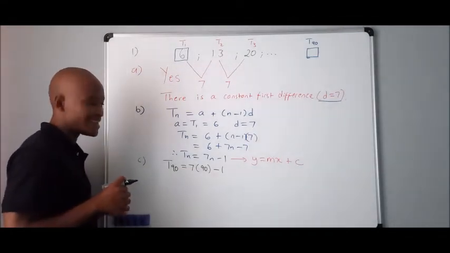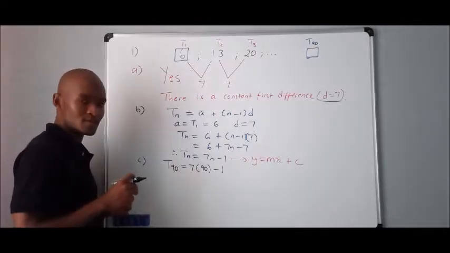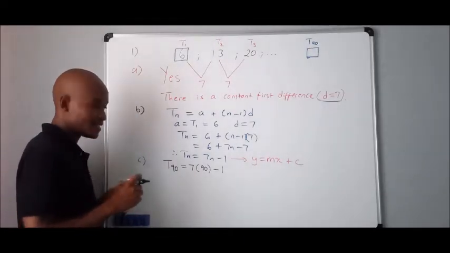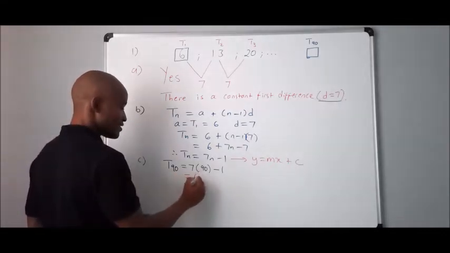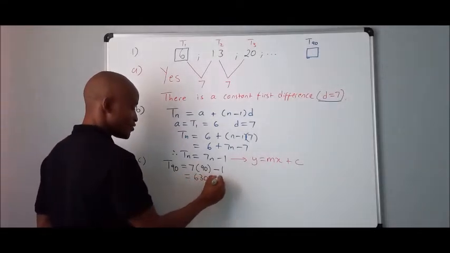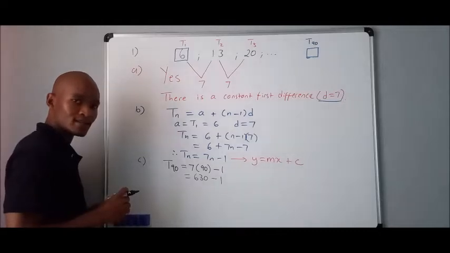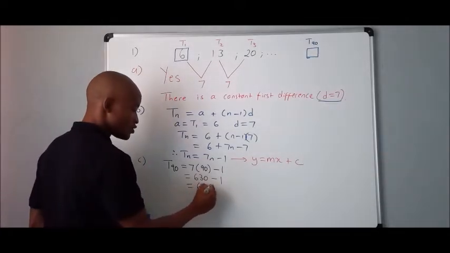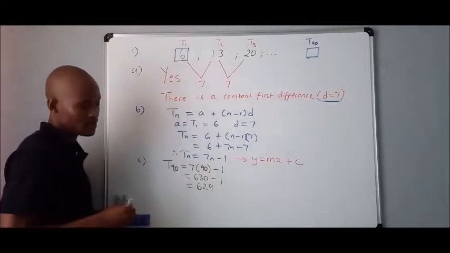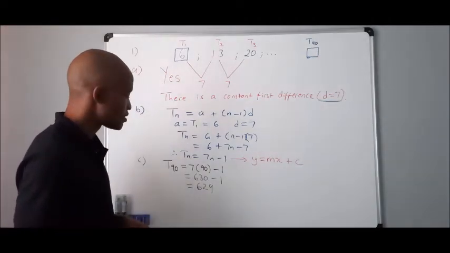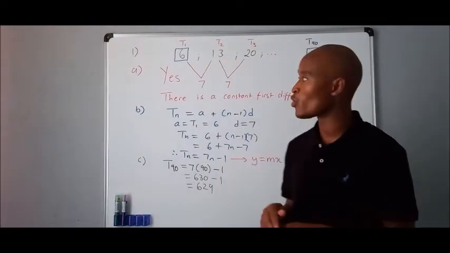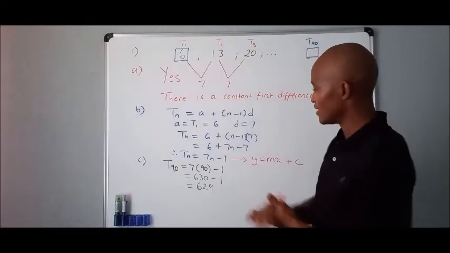What is 90 times 7 or 7 times 90? That is 630. And then you are minusing 1. And then this will be 629. And there we are with the third question of the 4 sub-questions under question 1.